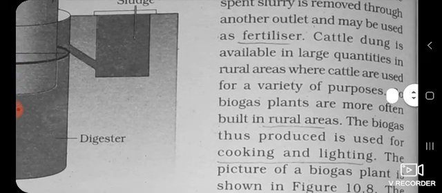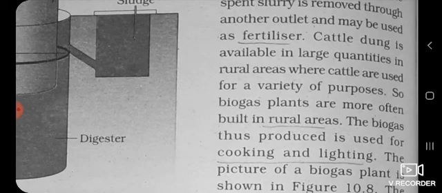Now the next point is, cattle dung is available in large quantity in rural areas where cattle are used for a variety of purposes. Here you can observe that in rural areas, particularly for the farmer, cattle dung is easily available, and that's why for biogas production in that area dung is used.